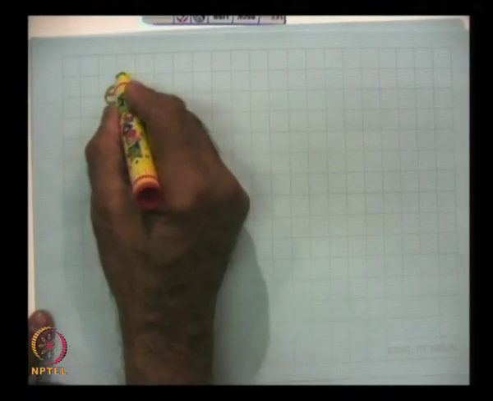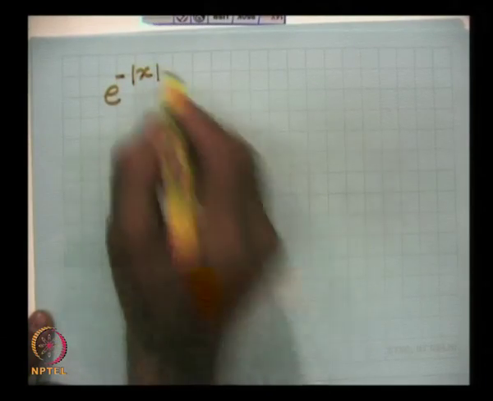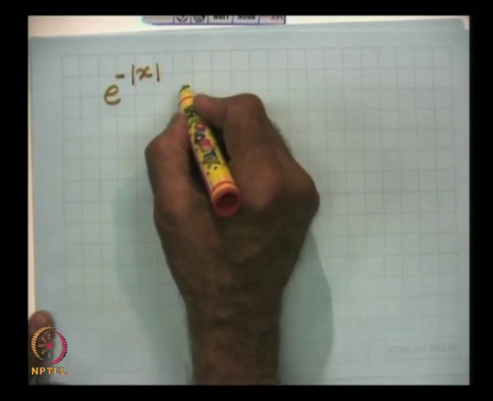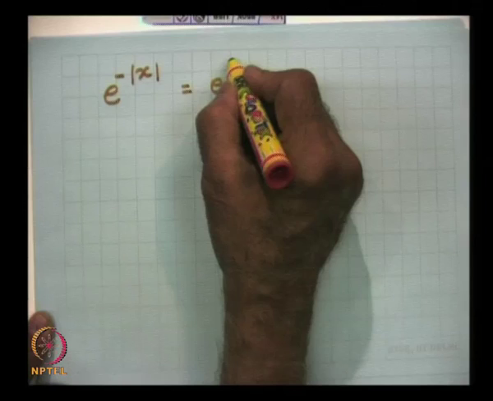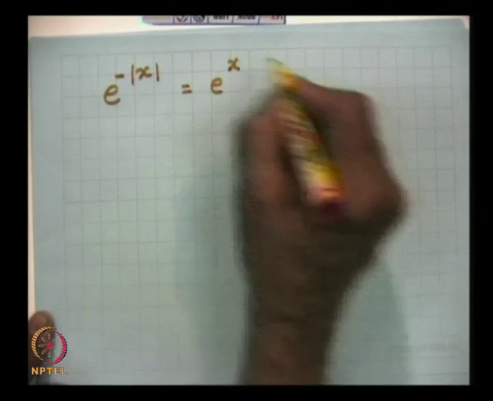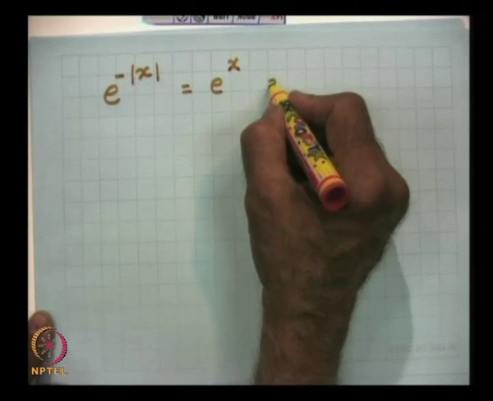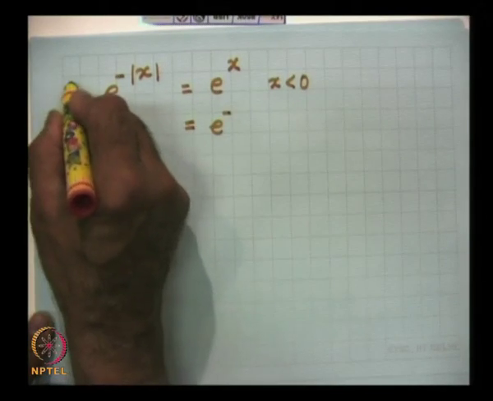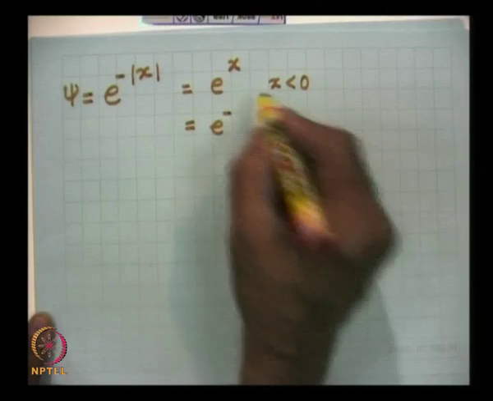Say, let us consider a function like e to the power of minus mod x. Now, e to the power of minus mod x means that this is equal to e to the power of plus x for x less than 0, and e to the power of minus x for x greater than 0. So, psi is equal to e to the power of minus mod x.